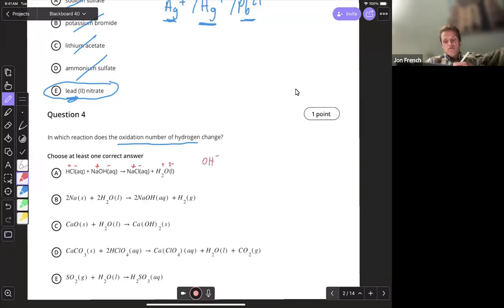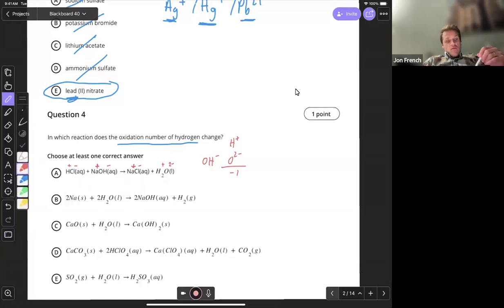If I split apart hydroxide, oxygen is -2, and I've got a proton at +1, making the whole thing -1. So in this first reaction, oxidation states are the same because hydrogen is +1 in HCl, +1 in water, and +1 in hydroxide. Hydrogen has the same charge in all of these.